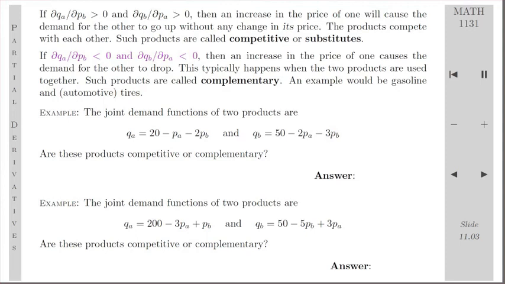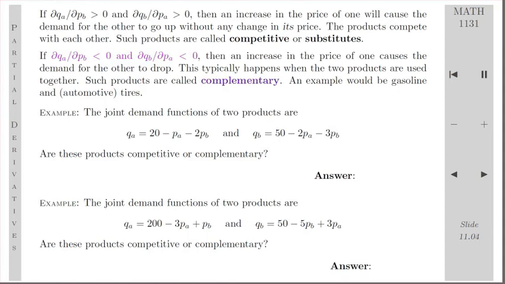If the price of gas goes up, then people would drive a little bit less, which means tires don't wear out as quickly, so demand for tires tends to fall. The reason why this happens is that you cannot really use tires unless you are driving your car, and that requires us to use gas. So we use the two products together. So such products are called complementary.